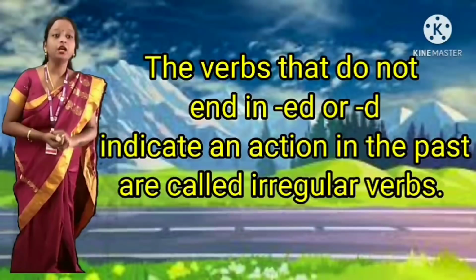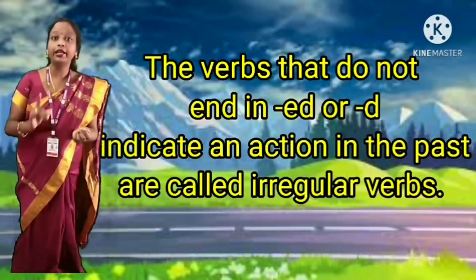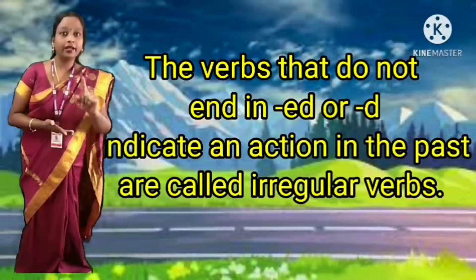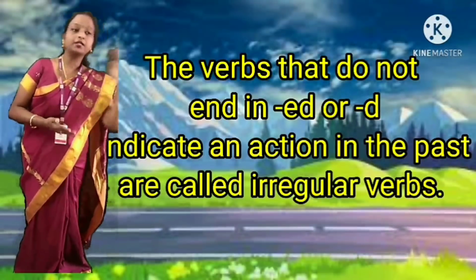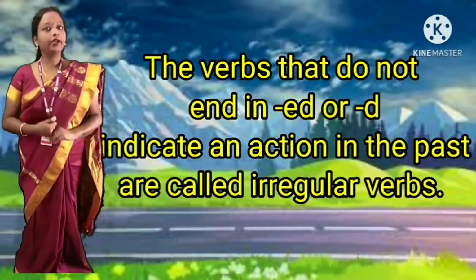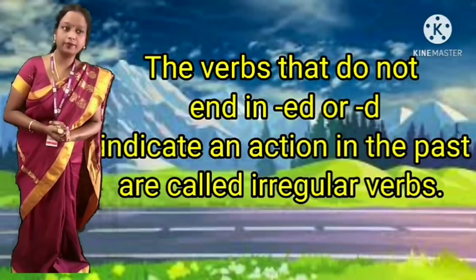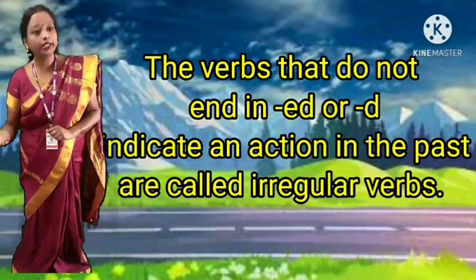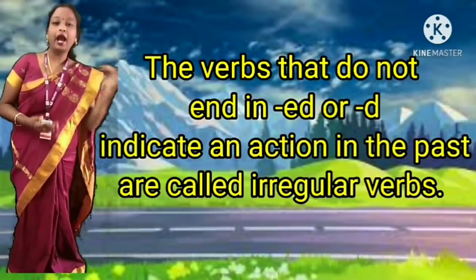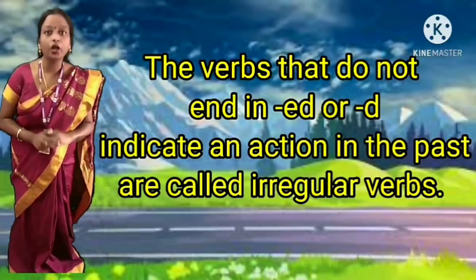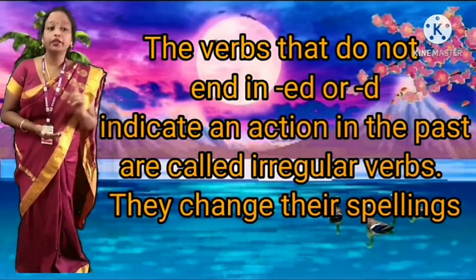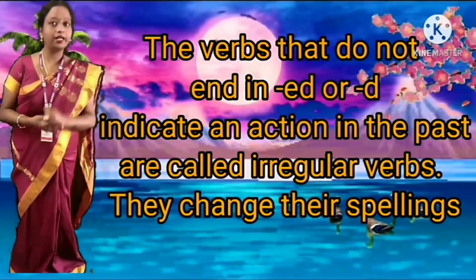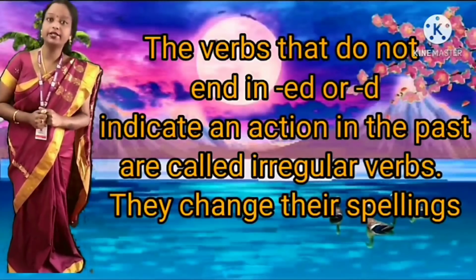I'll repeat: the verbs that do not end in ed or d to indicate an action in the past are called irregular verbs. They change their spellings. Okay? Now I'll give you the examples.